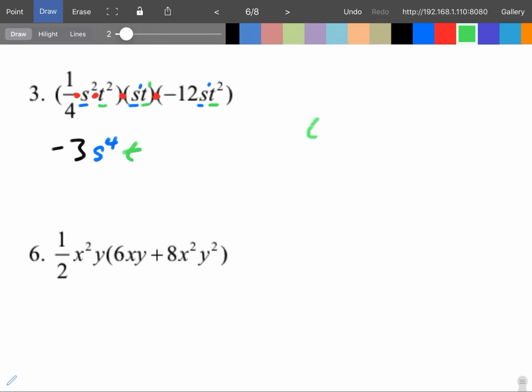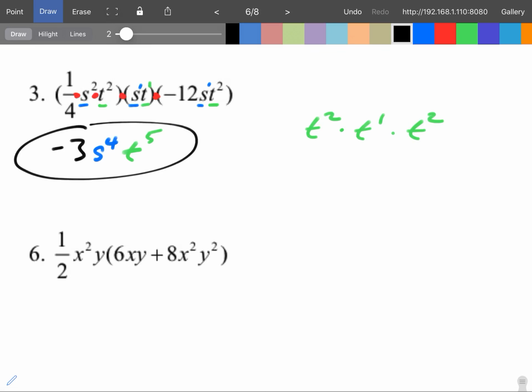And again, if you look over there, I'll do it on the side. You got a t squared times a t to the first times a t to the second. Yeah, the fifth. Good. You got to add the powers, right? 2 plus 1 plus 2 is 5. So it'll be fifth power. So that's number 3.